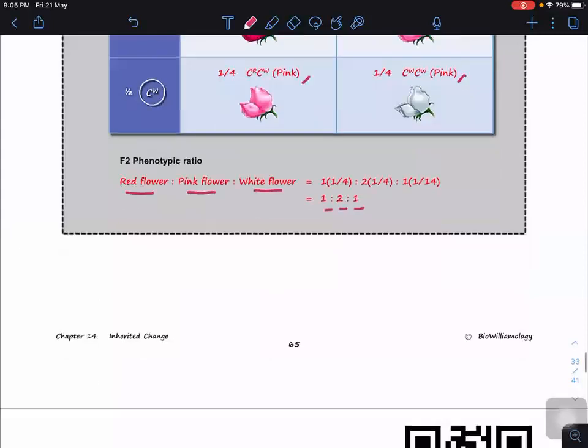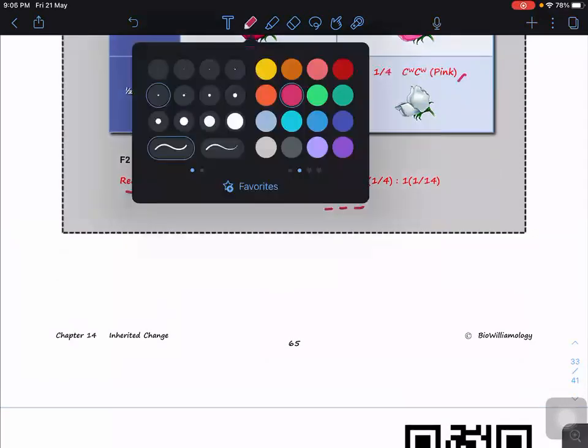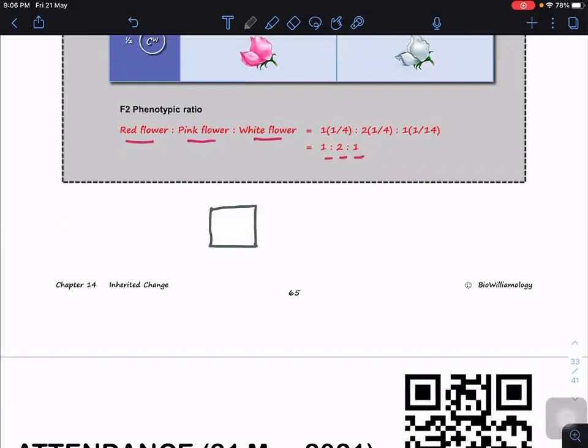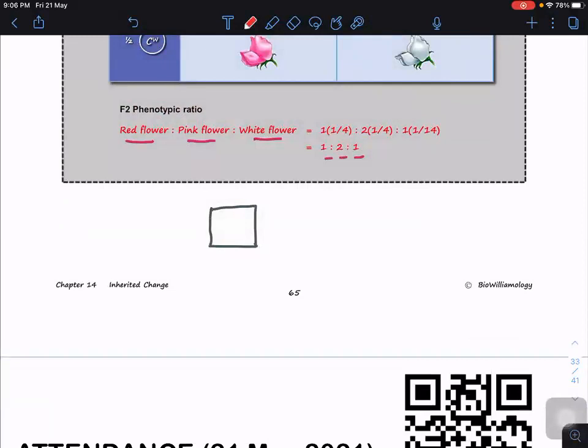Okay, so students always get confused and ask, what is the difference from co-dominance in this case? If the red and white are co-dominant, what will happen? Previously I've shown you already. So if you view the cell, let's say these cells have the allele that codes for red and the allele that codes for blue. They are heterozygous.